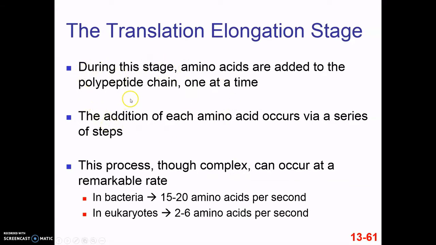Now we can move on to the elongation stage. So this is the stage where we are adding amino acids onto a growing polypeptide chain, one at a time. The addition of each amino acid requires several steps, and they repeat in a cyclic fashion.